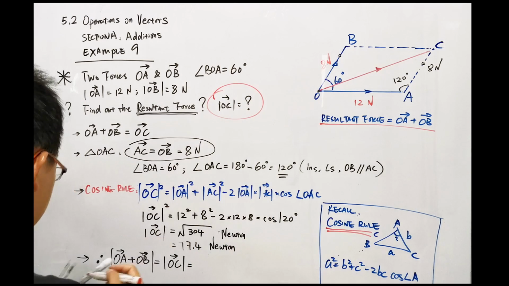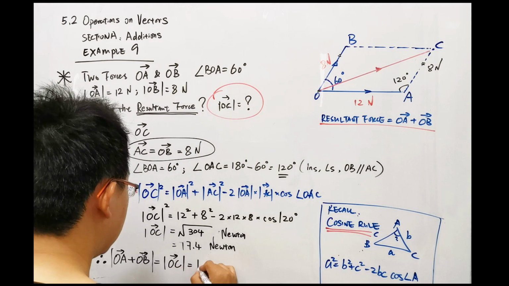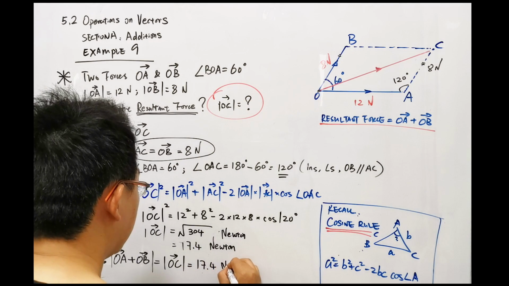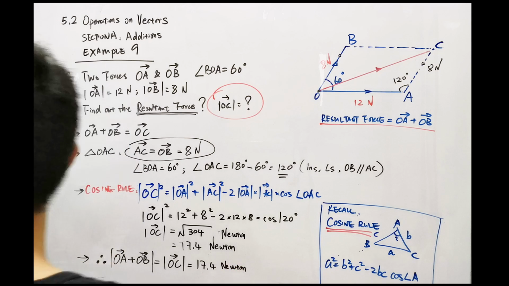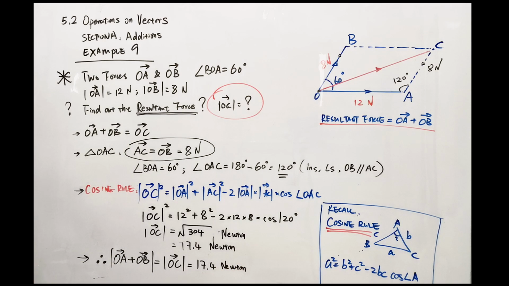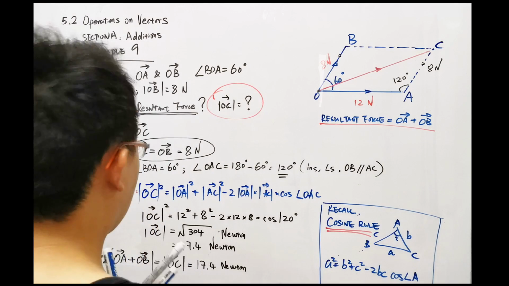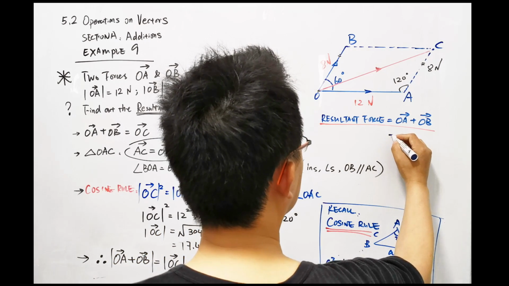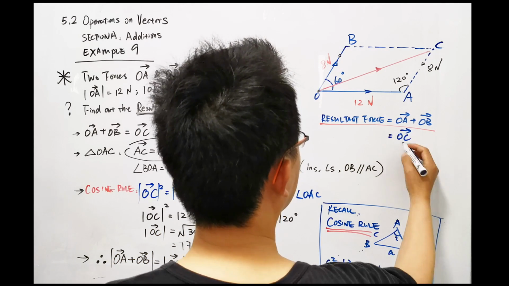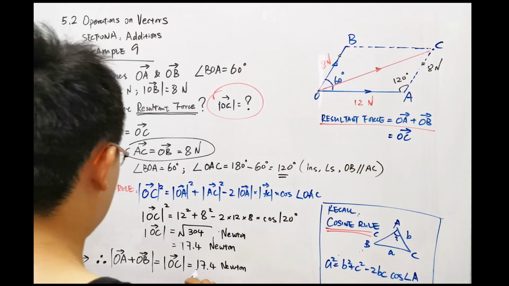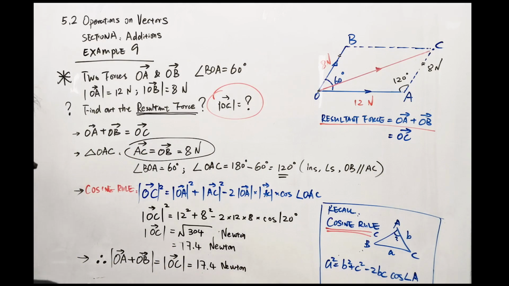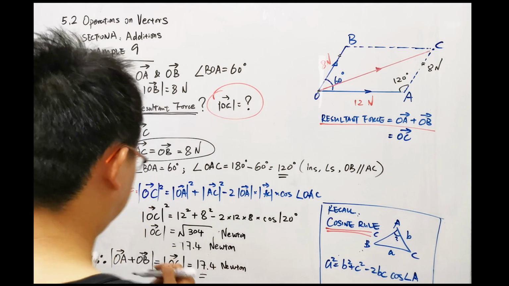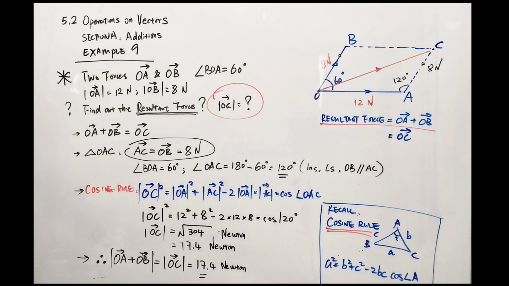Being have the answer 17.4 Newton. Right? Okay, so in this case, the magnitude of the resultant force. So we can continue right here. It's OC, right? So from here we can work out this is the answer. Okay. Okay, so that's all.